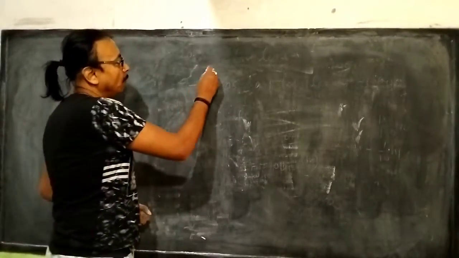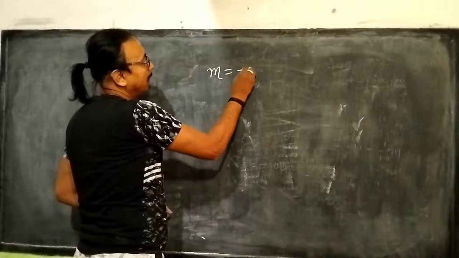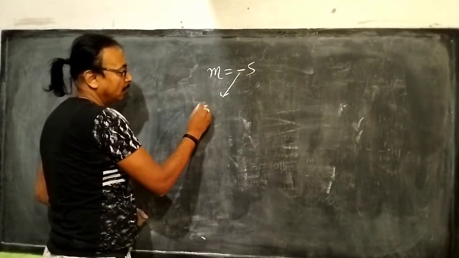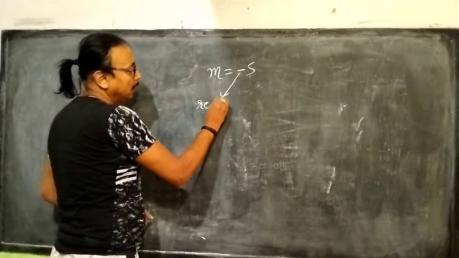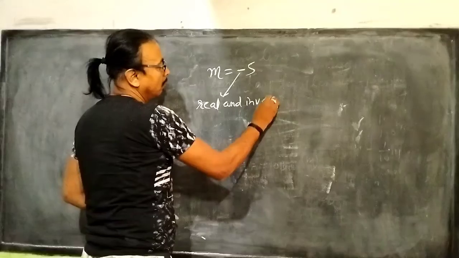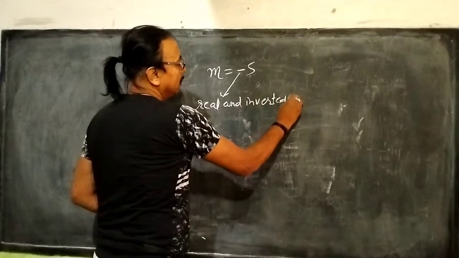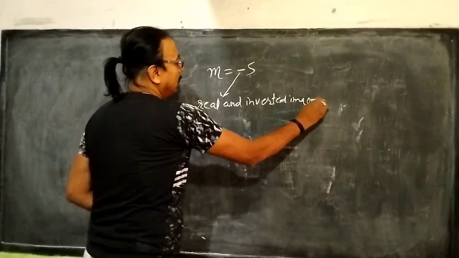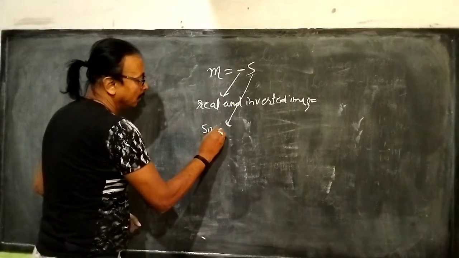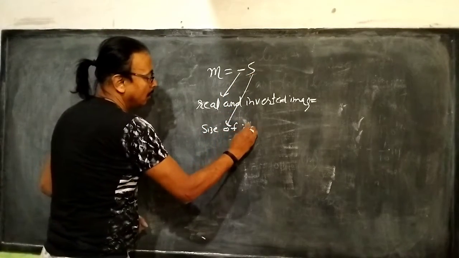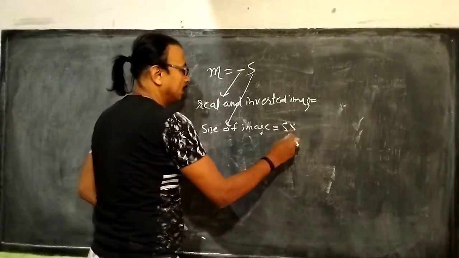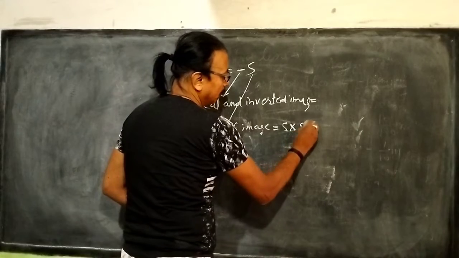Now if magnification is equal to minus 5, then the minus sign of magnification gives that the image is real and inverted, and 5 gives that the size of the image is equal to 5 times the size of the object.